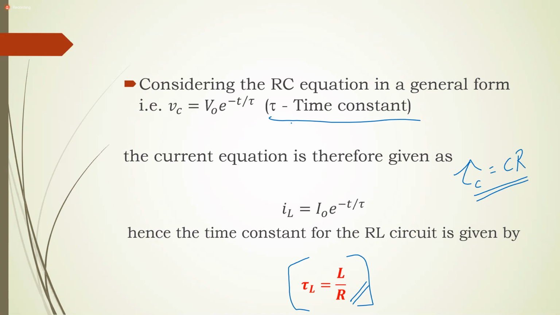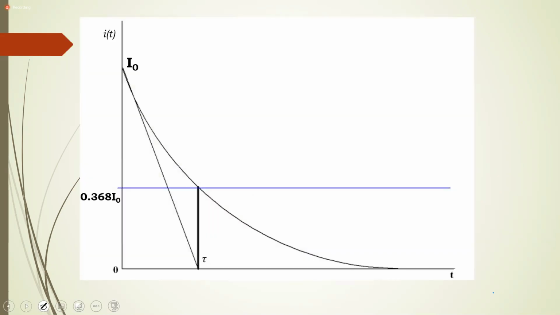All right, folks. And of course, as before, we'll give the graphical representation. So for your inductor current, it starts at I0, and as t tends towards infinity, the current through your inductor tends towards 0.